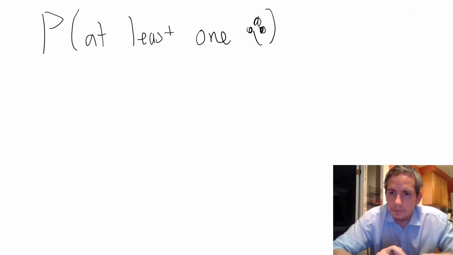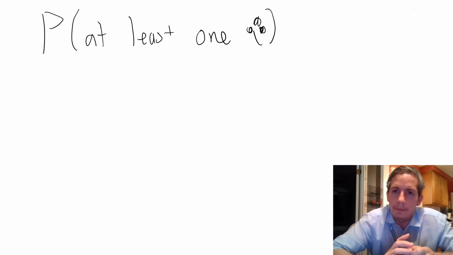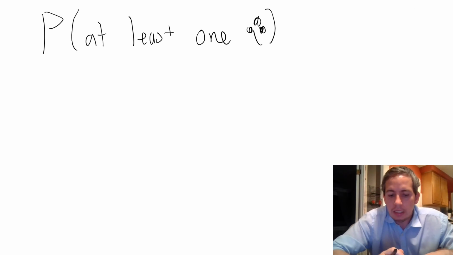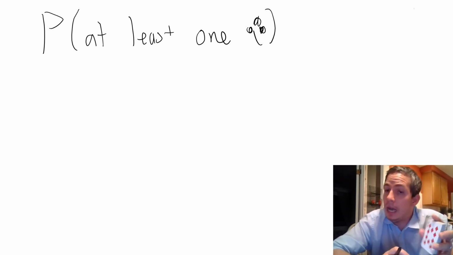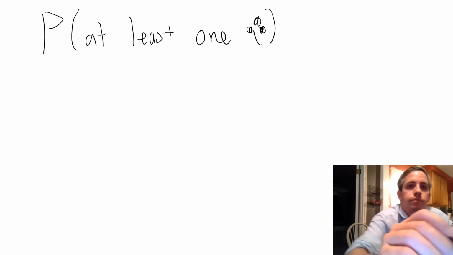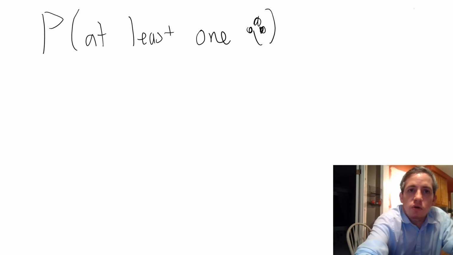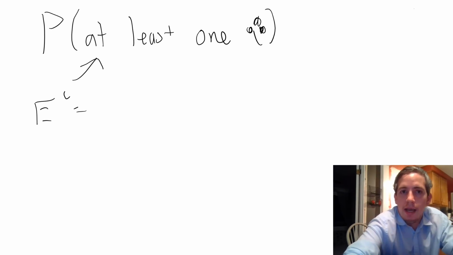And here's what I'm going to do. I'm going to show you how to work this problem out. Getting at least one club when I pull two cards from the deck is the opposite, the complement, of not getting a club at all. So if this is my event, then E complement is equal to not getting a club.